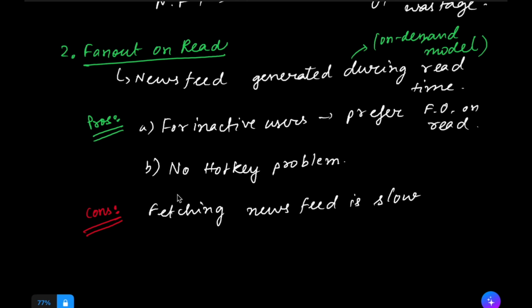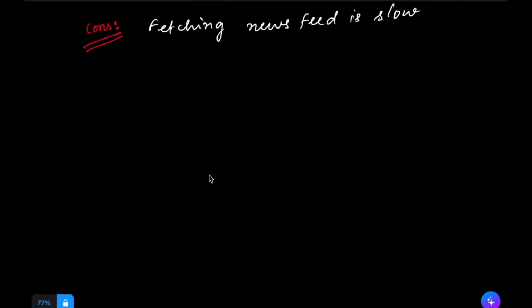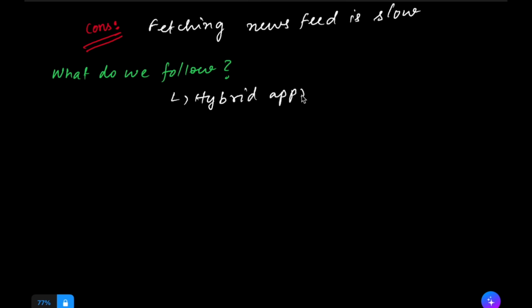So depending on our use case and depending on the design, we follow a hybrid approach. So what do we follow? Among fan out on read and fan out on write, we follow a hybrid approach. In this, there is a mix of both fan out on read and fan out on write.